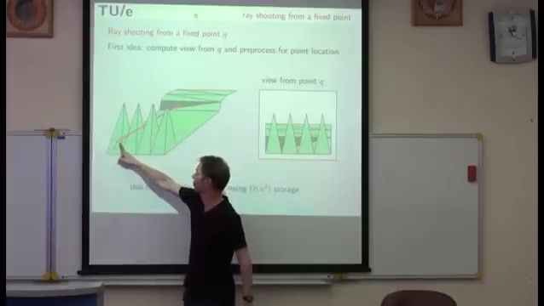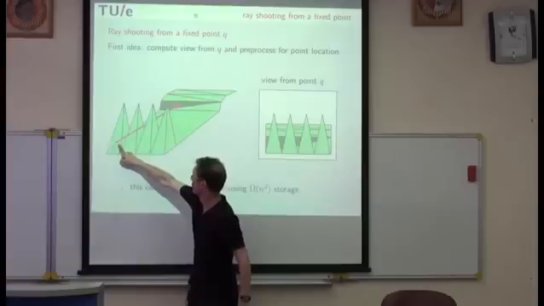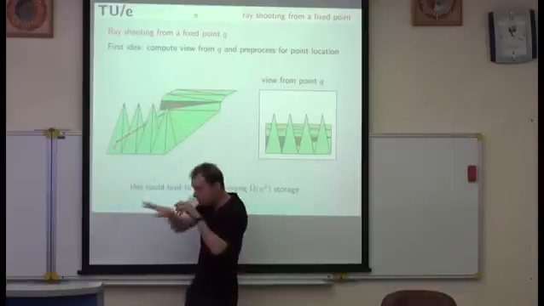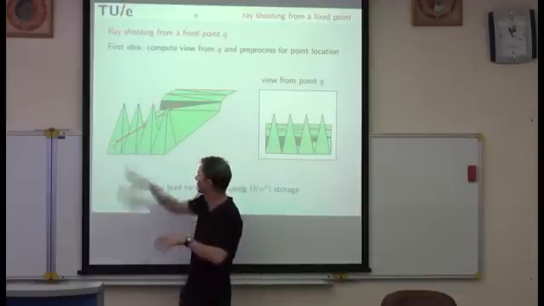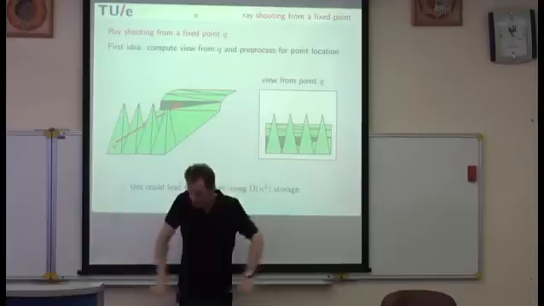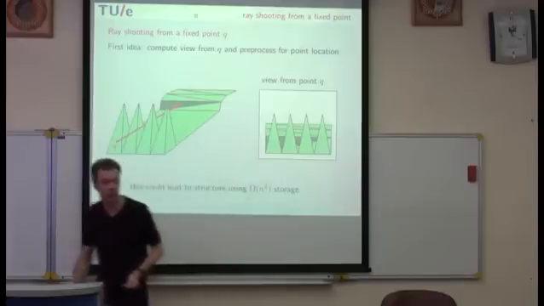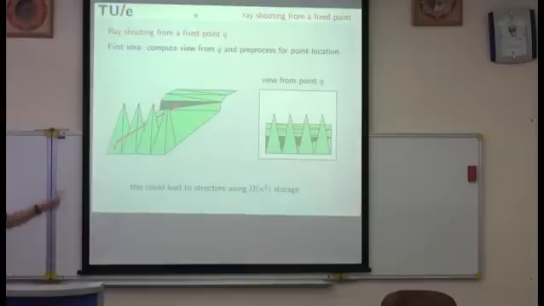If this point Q would be, let's say in this particular case, above the terrain, so we're really looking from above instead of from the front, then you just maybe see the triangulation, and so it would have linear size. But if you have bad luck, it could have n squared size. So we want to get a solution which uses less storage than this.